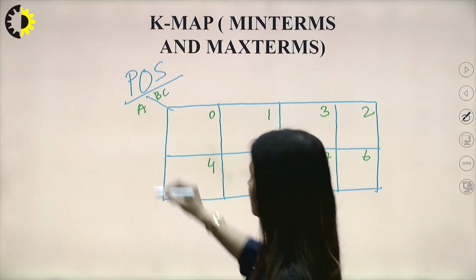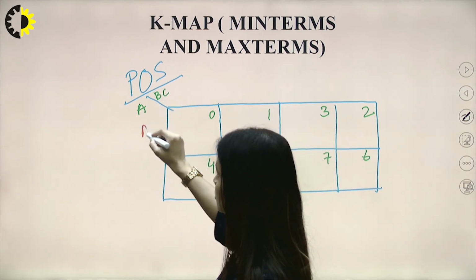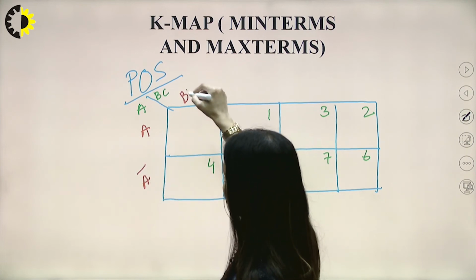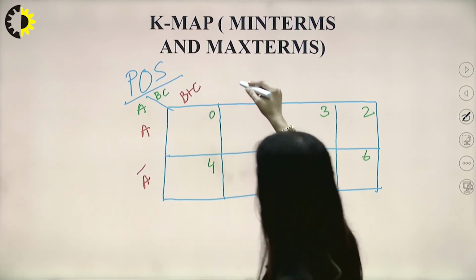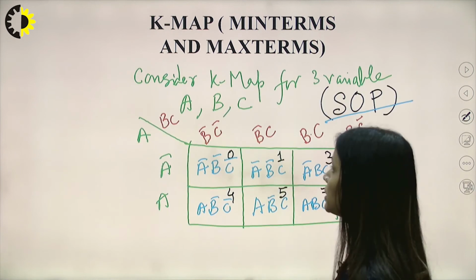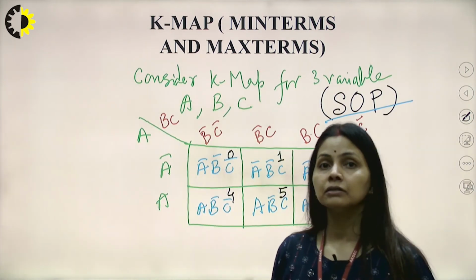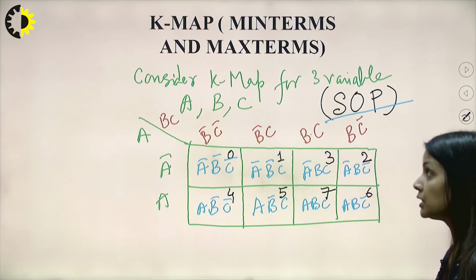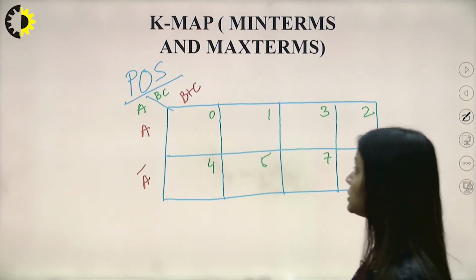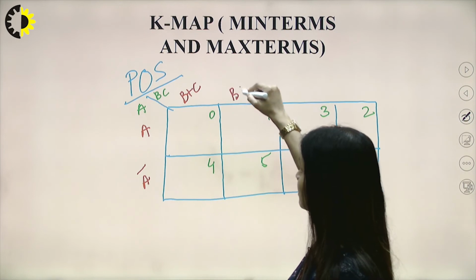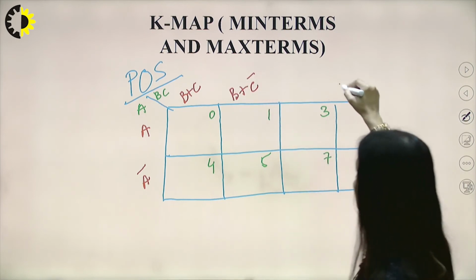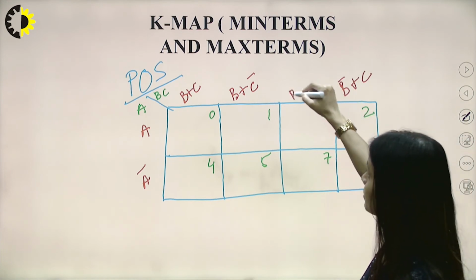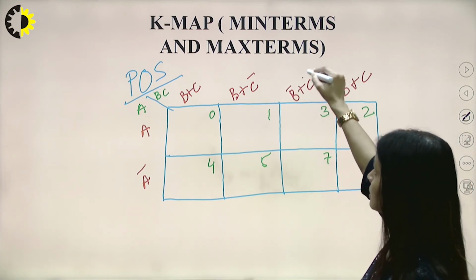Now here, just remember that this should be A, this will be A bar, this will be B plus C. Here I am taking the De Morgan's of this particular B bar C bar, that is B plus C, and here B plus C bar, B bar plus C, and here it will be B bar plus C bar.